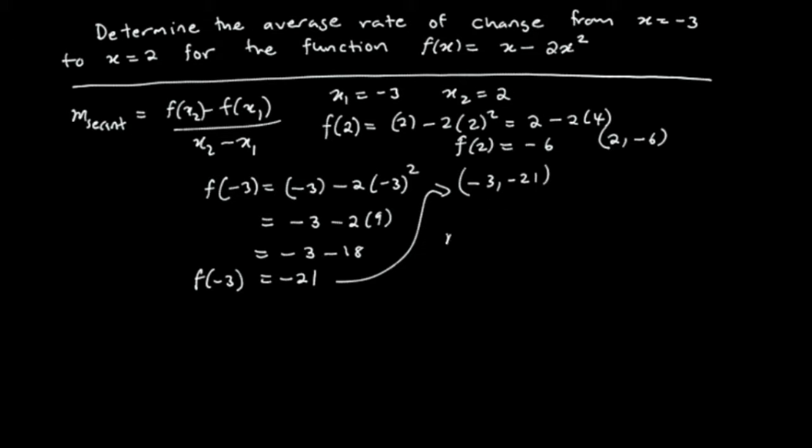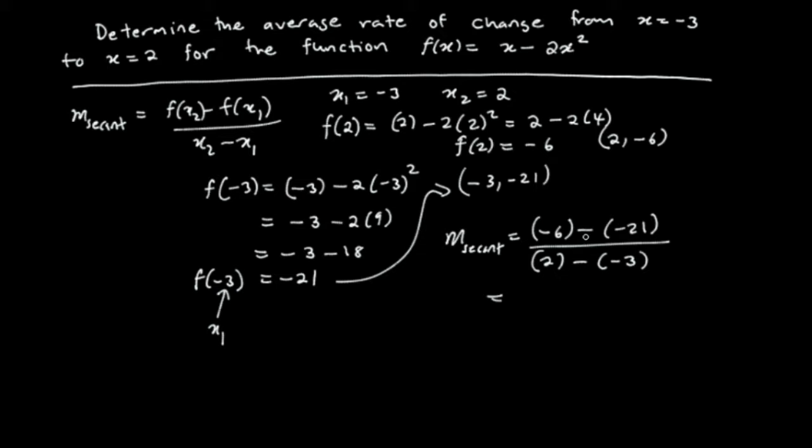And I use the equation for the slope of the secant. f of x2 is basically f of 2, so it's -6. So you get -6 minus f of x1, which is -21, and this is over x2, which is 2, and x1 here is -3, right?